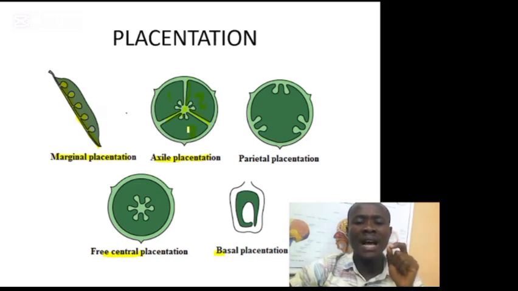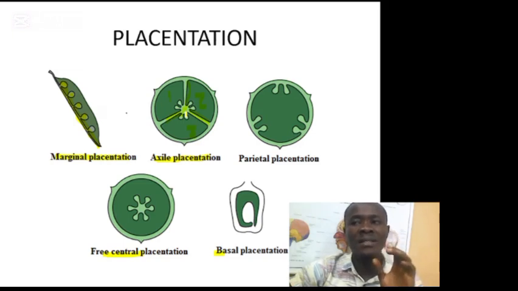So in axial placentation, you can see the central axis, you can see this septa dividing this ovary into locus. Now on this central axis here, you can see the ovules that are being attached to it. Look at the ovules here. This is another one. This is another one. So we have six that are being attached to this central axis.